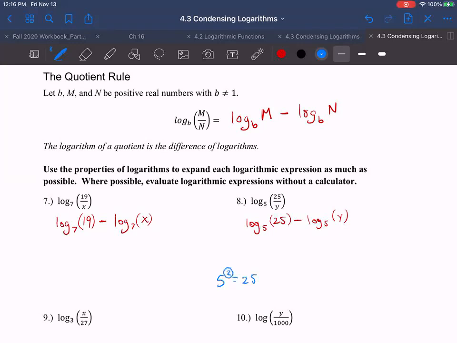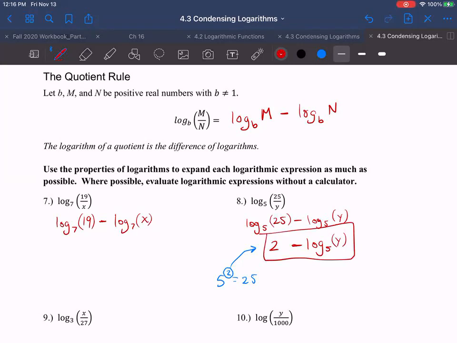That means 2 is what my logarithm is. So that's going to give me this answer up here: log base 5 of 25 is 2, and then we have the minus log base 5 of y, just like that.